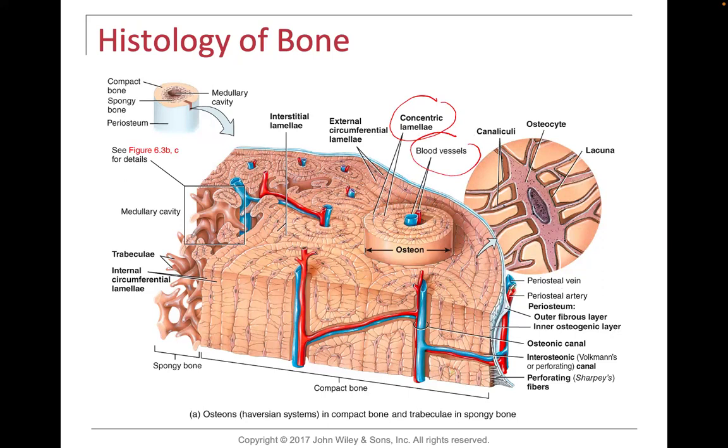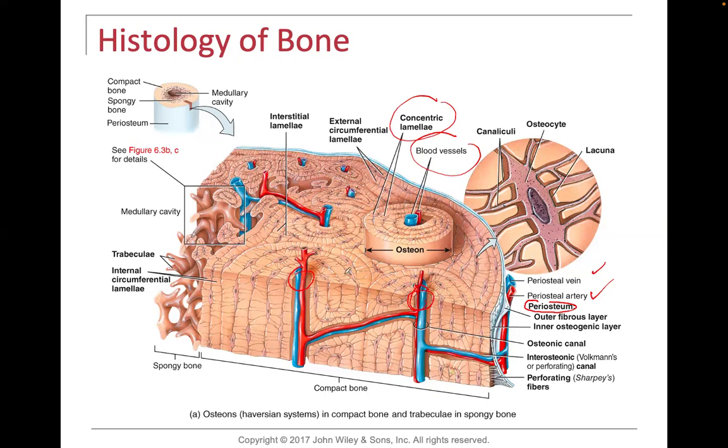Here is the periosteum, and you can see that we have a periosteal artery and vein. They come through and they perforate right through the periosteum. And you could see as it breaks through the bone, it starts to go right through the center of every osteon. And that center is called the central canal or the haversian canal.